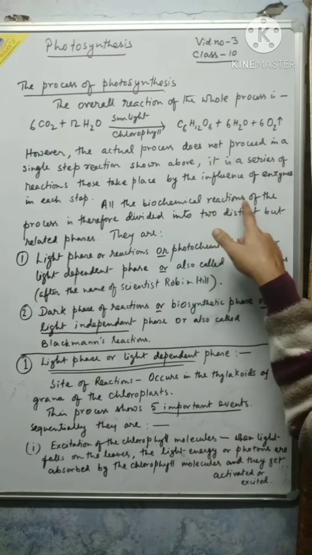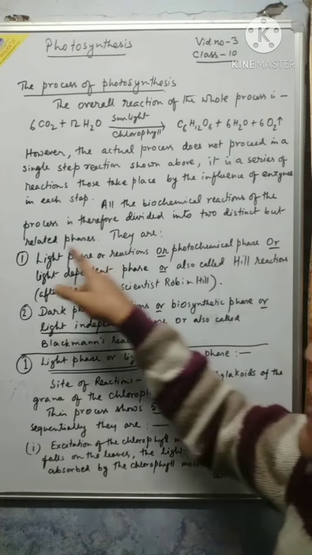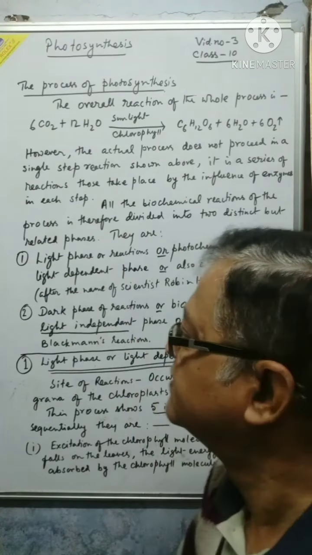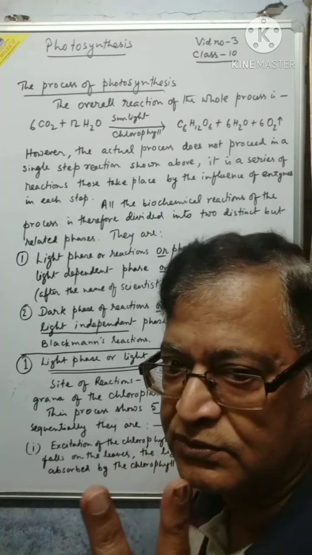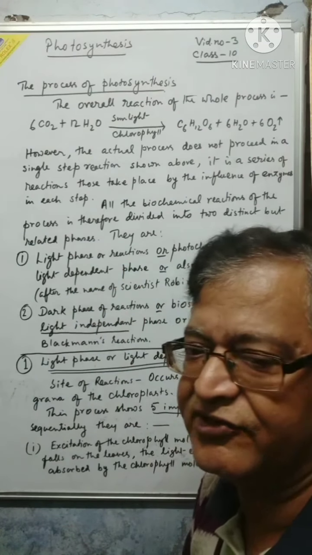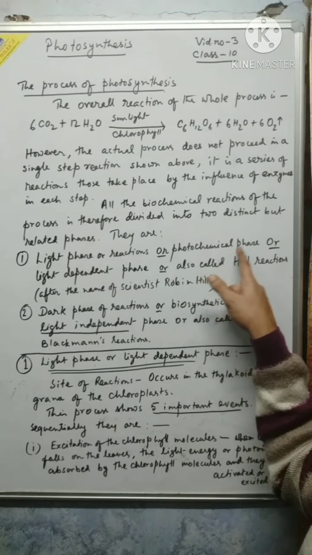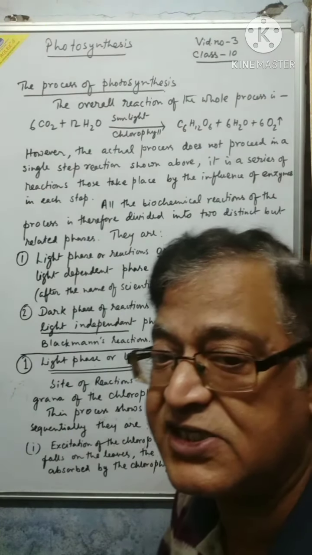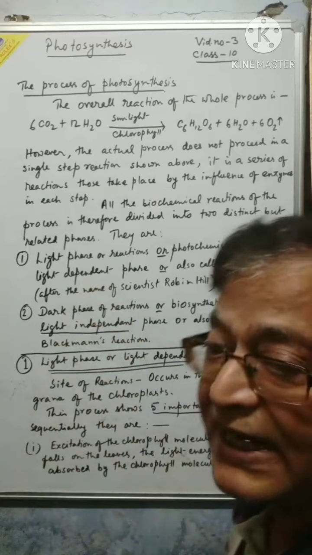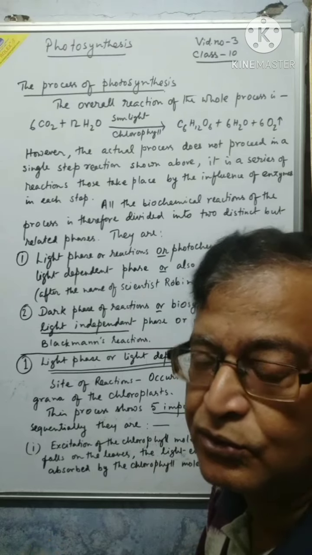All the biochemical reactions of the process are therefore divided into 2 distinct but related phases on the basis of their characteristics. They are: light phase or light reactions, also called the photochemical phase, because photo means light is required in this phase. Or it is called light dependent phase, meaning it depends upon light to occur.